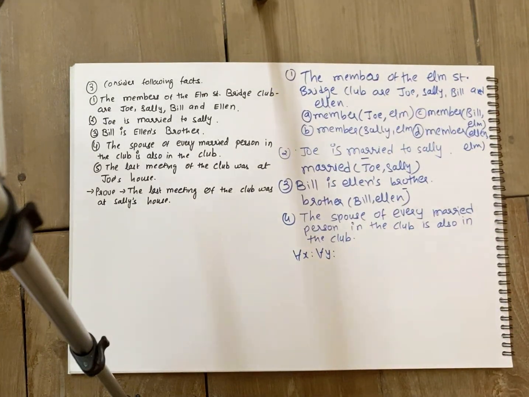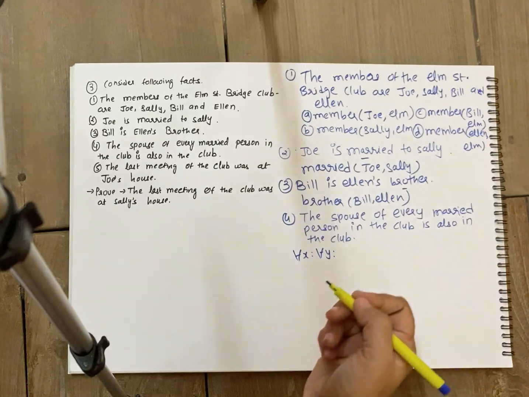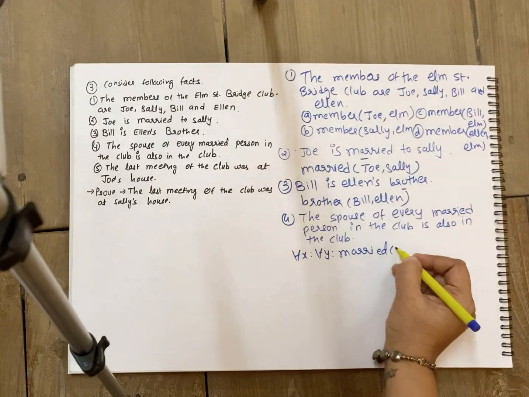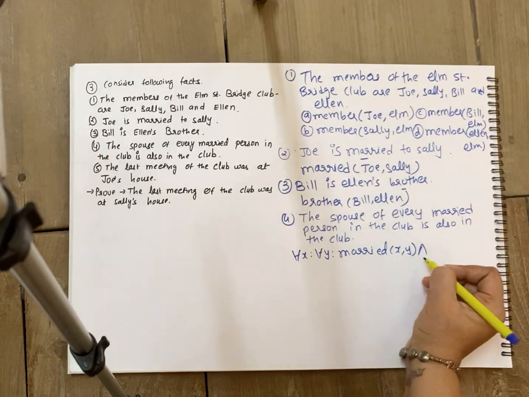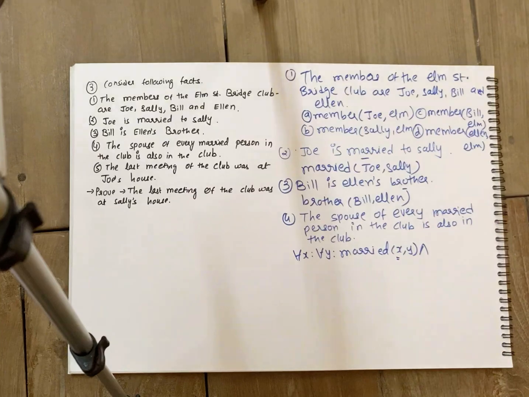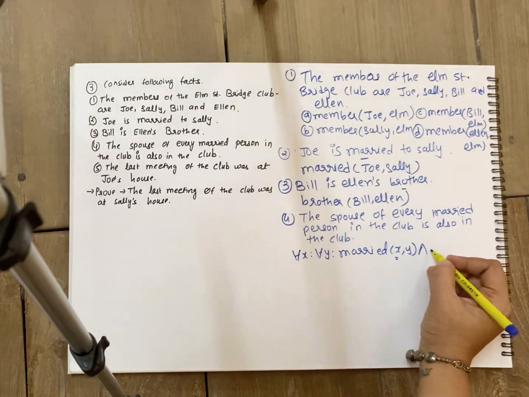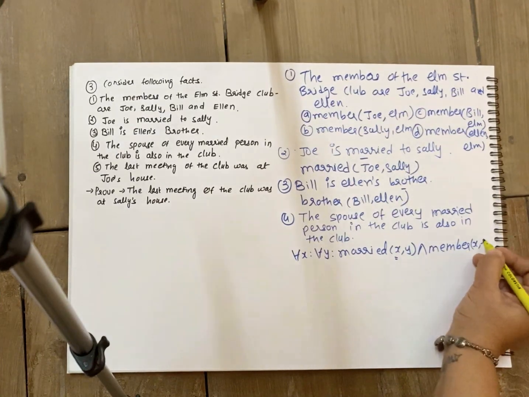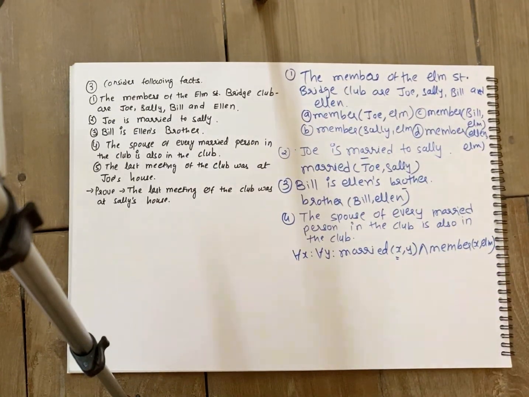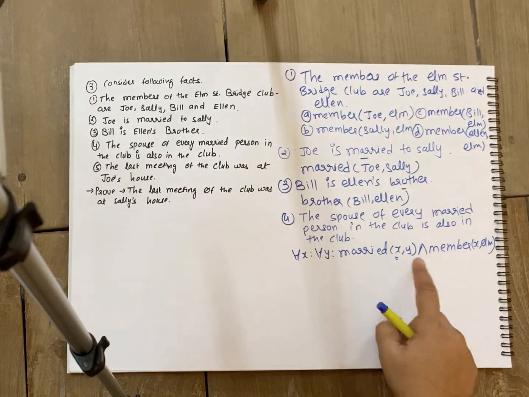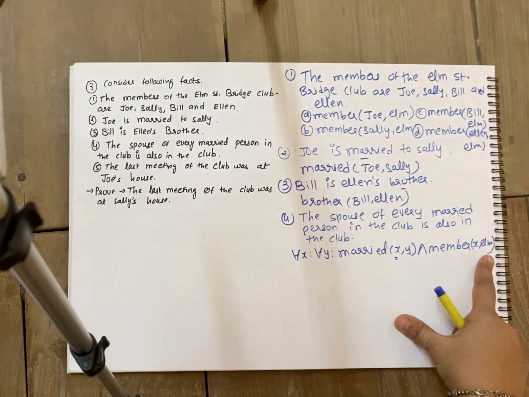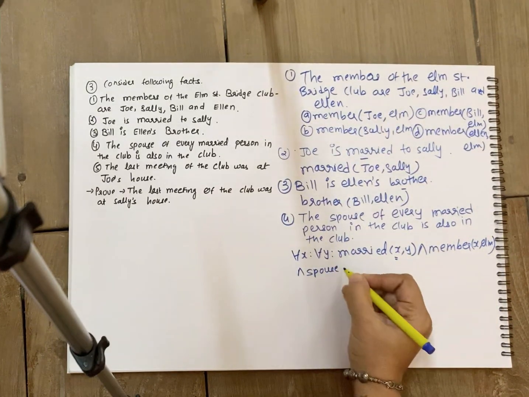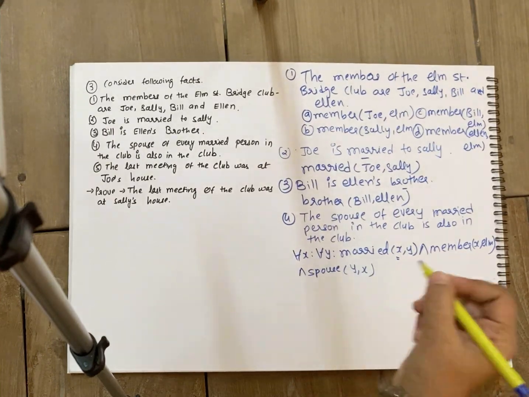If x and y are married, means married(x, y), and x is a member of the ELM club, member(x, ELM), and spouse(y, x).